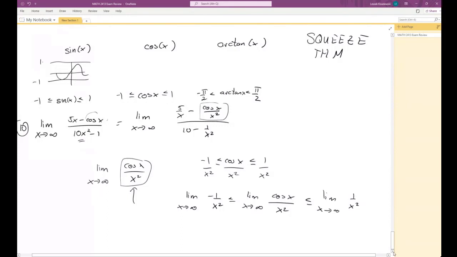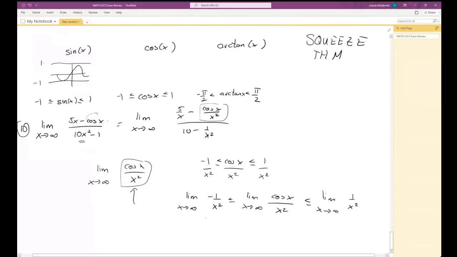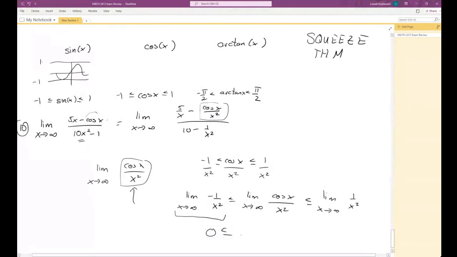All right. So we see that this limit is 0, and the other outside limit is 0, right? So the limit of the inside function, our function, must be between 0 and 0, right? So it must be 0.